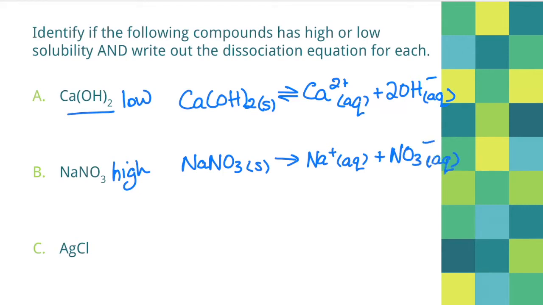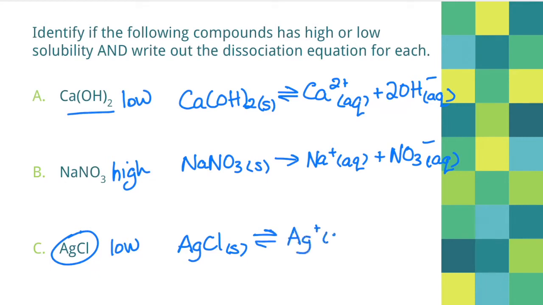Okay, so we're using a full arrow here because it completely dissociates into its ions. Silver chloride is low solubility. So again, it will establish an equilibrium and slightly dissociate into silver ions and chloride ions.